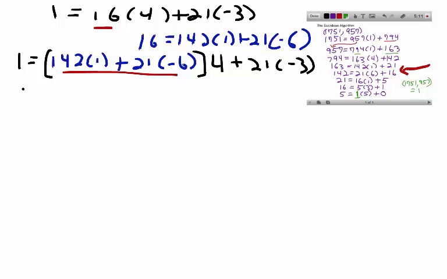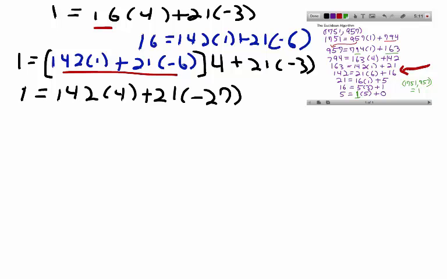Simplifying this expression, we get 1 equals 142 times 4 plus 21 times negative 27.